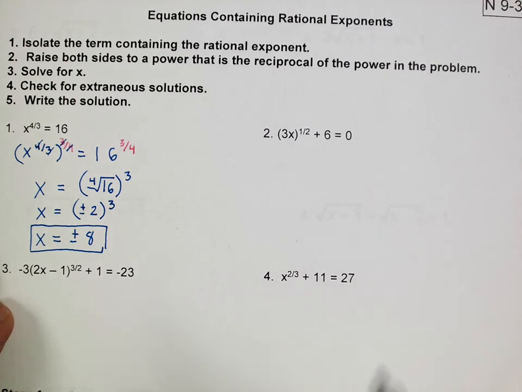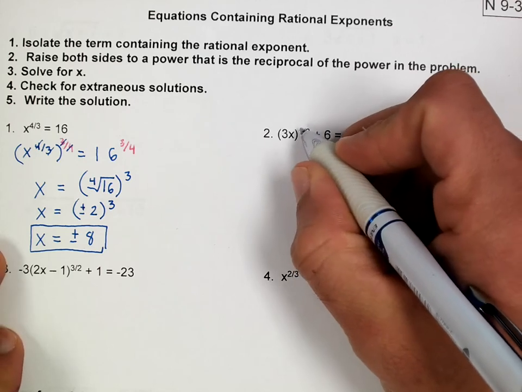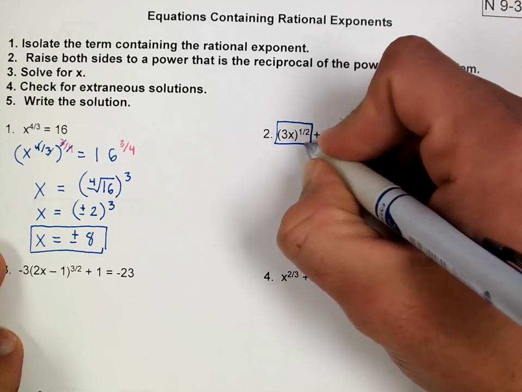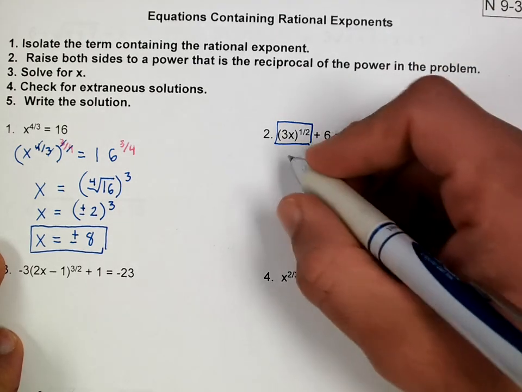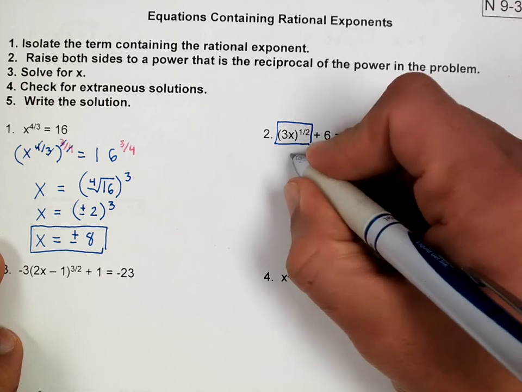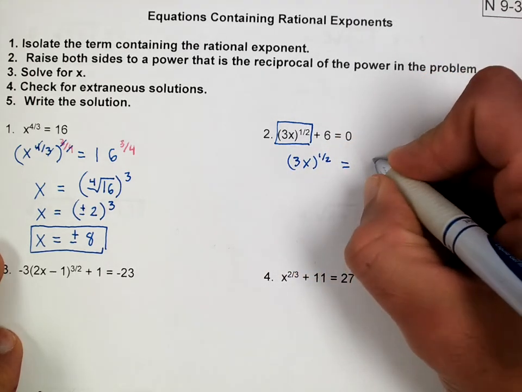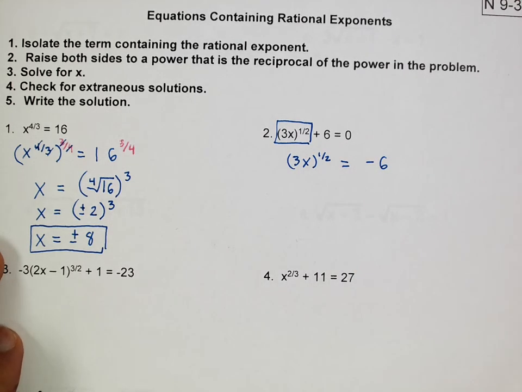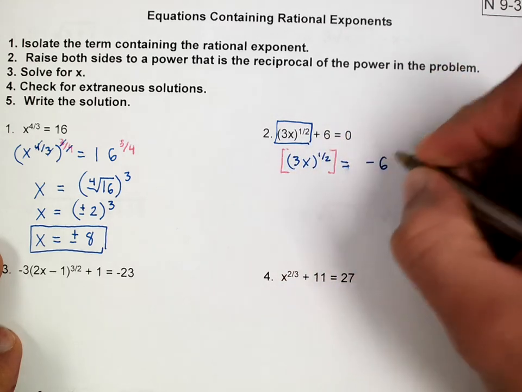On number 2, we're going to try to isolate the term containing the rational exponent. We're trying to get this by itself, so just focus on getting rid of everything else. This x, we're going to subtract it. So we have 3x to the 1/2 power equal to negative 6, and now we're going to raise this to the reciprocal power.